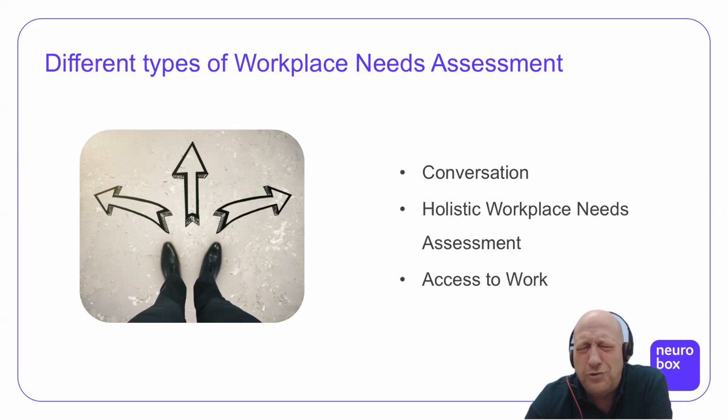We're one of the few countries in the world to have something like Access to Work. It's a government scheme that exists to help with the cost of reasonable adjustments, and they will provide funding and grants to employers to help pay for things like assistive technology, even things like travel to and from work as well. It will cover all sorts of things.